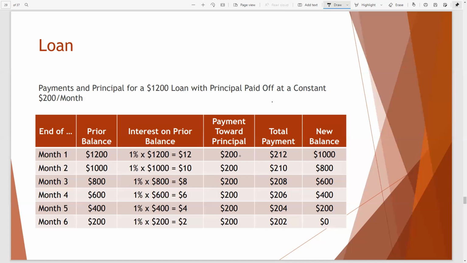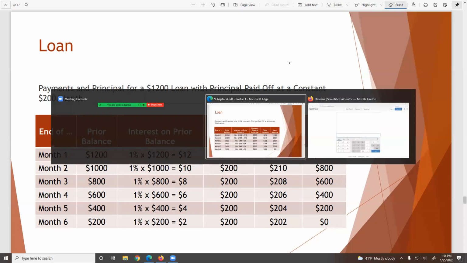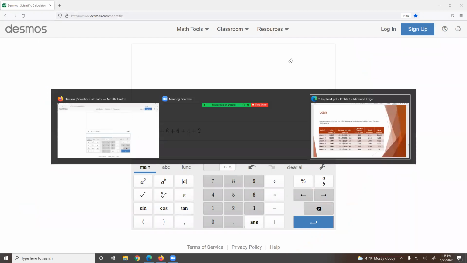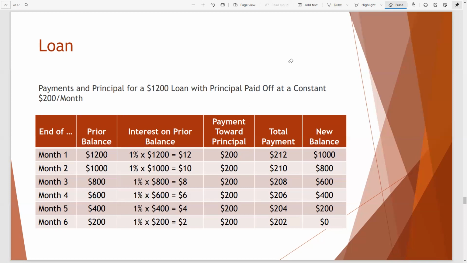The interest payments are $12, $10, $8, $6, $4, and $2. A total of $42 you paid in interest for this loan.